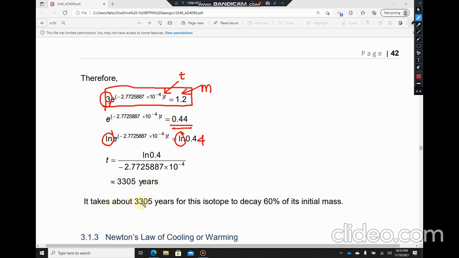So it takes about 3305 years for this isotope to decay 60% of its initial mass.